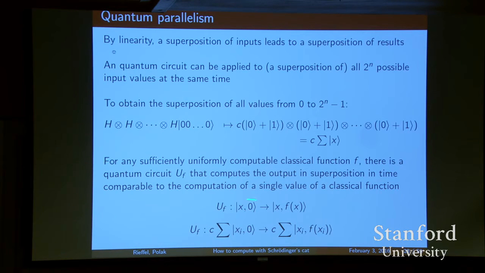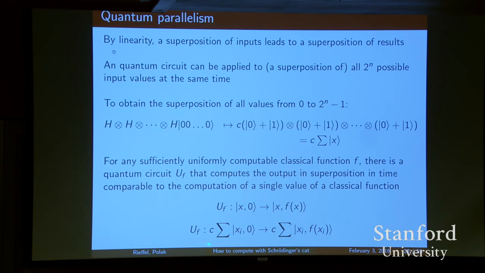The way we typically define those is that UF is a transformation that sends this quantum state that has x in the first part and 0 in the second part of this register, and transforms it into a state that has x in the first part and f of x in the second part. We need to keep x around because it has to be reversible.